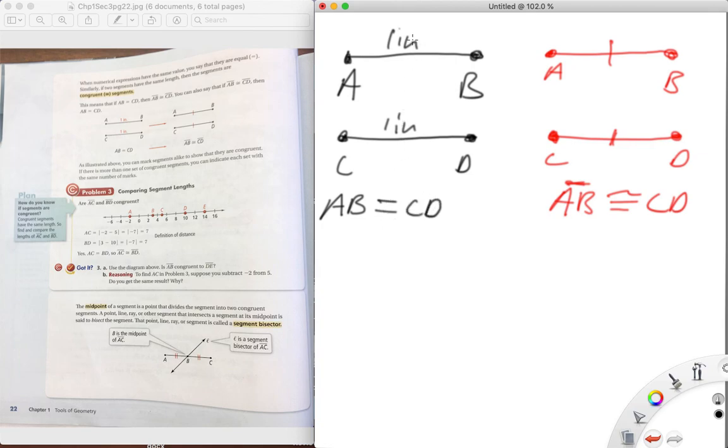So I have a numeric measure, an actual distance, so I can use AB and CD. Notice I don't have the segment sign on top of them. And since here I don't have a numeric measure, I just know that they're the same size or the same length. Without knowing the actual measurement, I can say that they are congruent to each other.